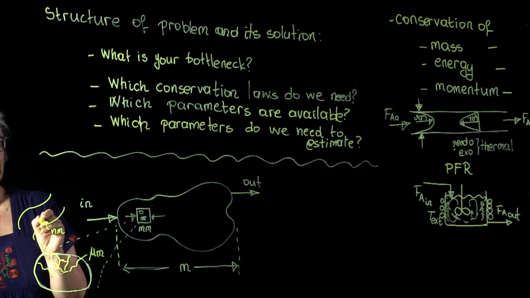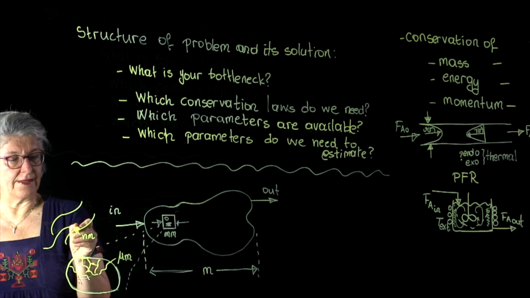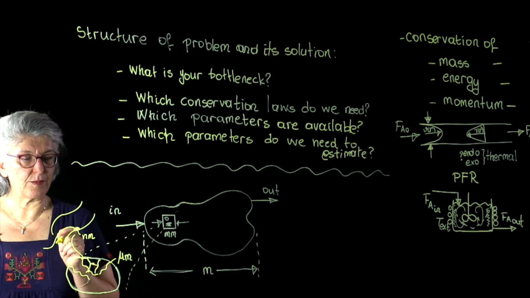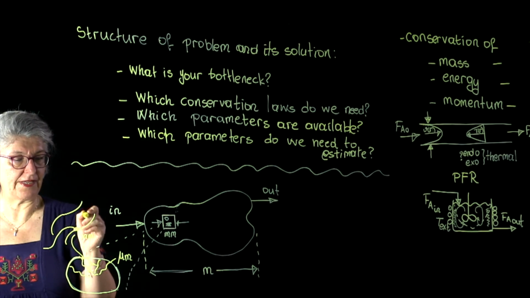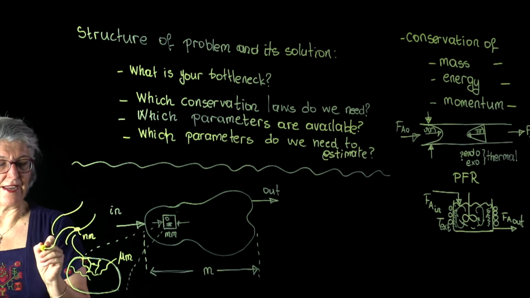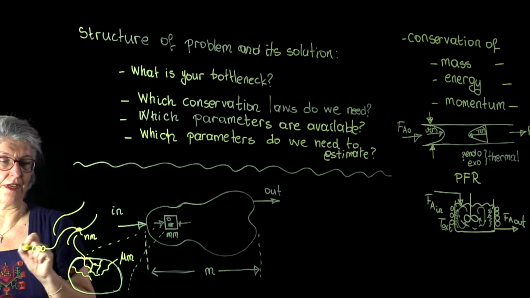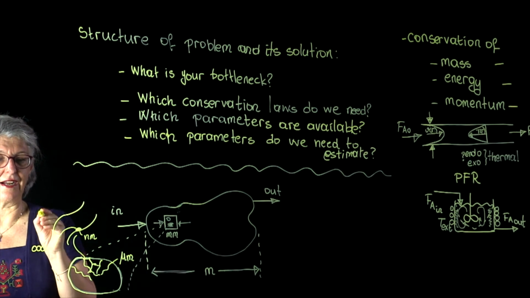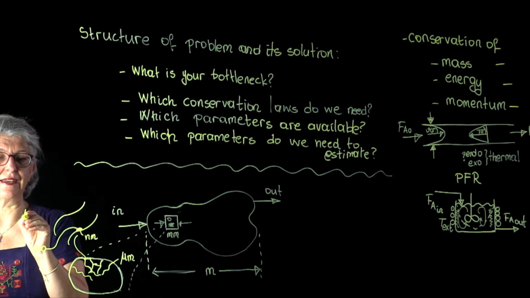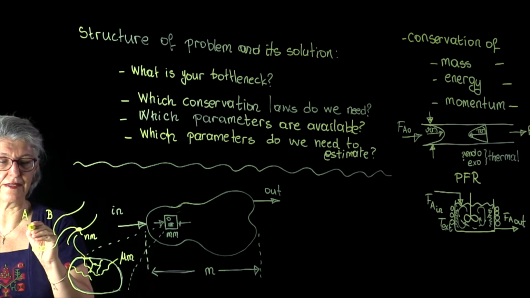On these catalyst particles, the nanometer scale catalyst particle in the micron scale pore has angstrom scale sites over which our reaction A going to B takes place.